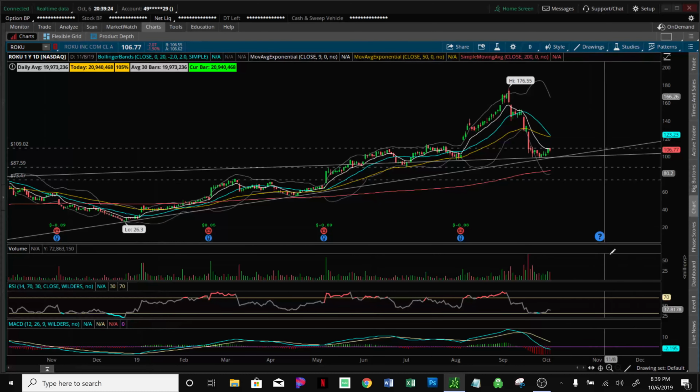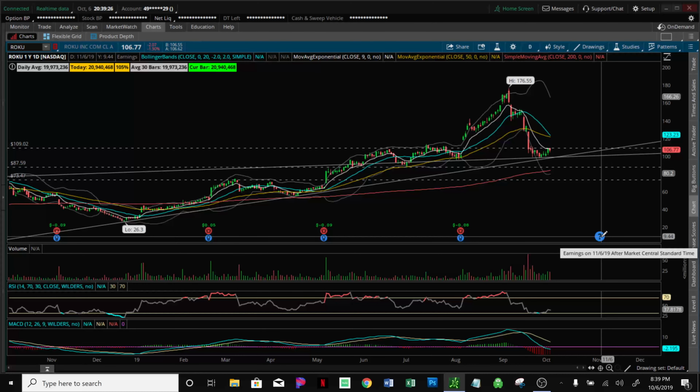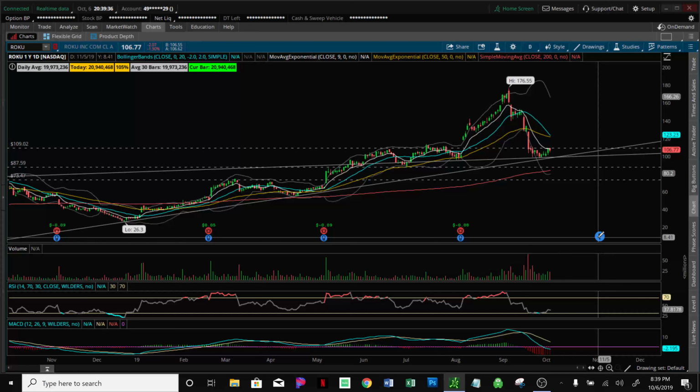Also, a daily chart's a good time to mark what the earnings date is. Some people like to play earnings, some people like to stay away from them, so you can mentally note where the earnings of the stock is going to be. And also look for any other EMAs that are acting as support or resistance.